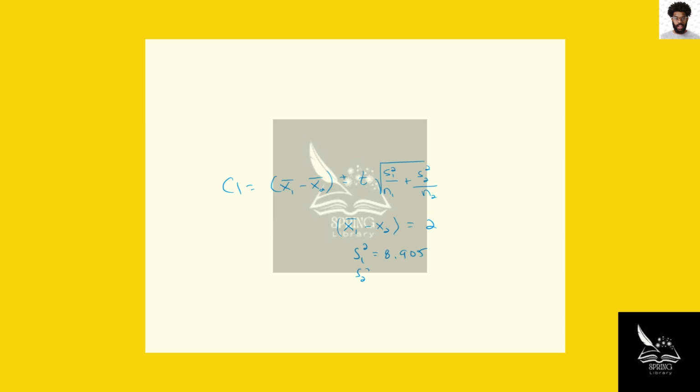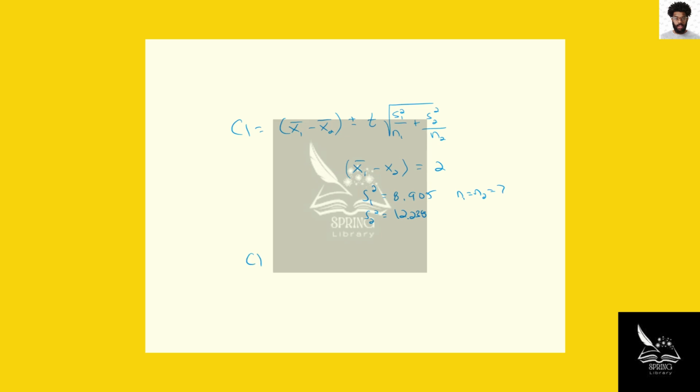We'll go 3 places. And the variance from the second sample is 12.238. And both sample sizes have 7 in them.